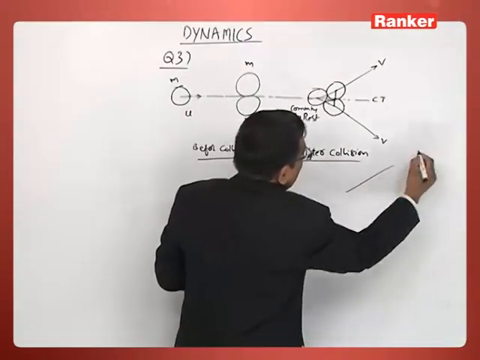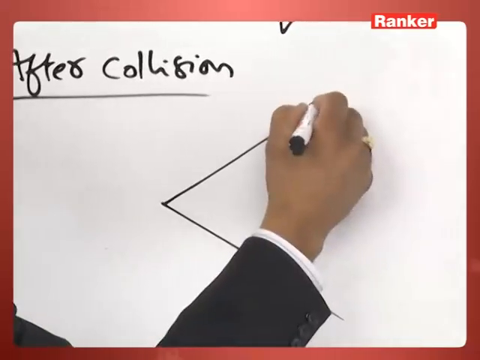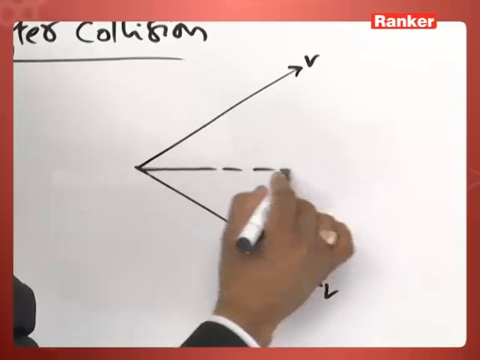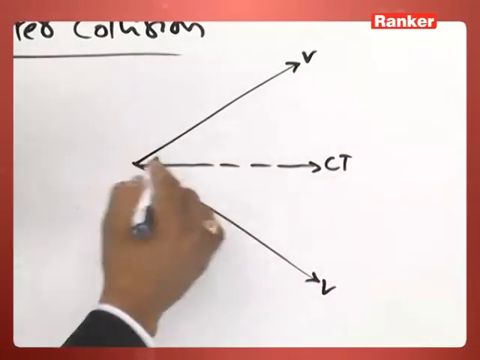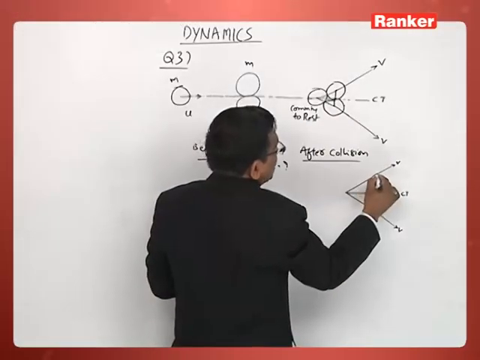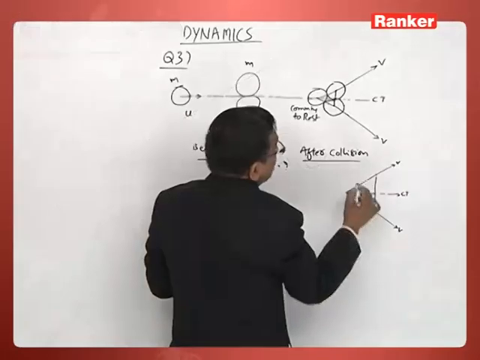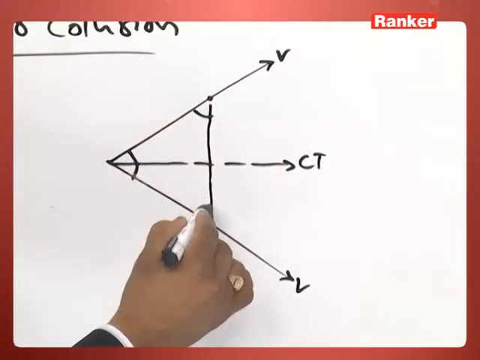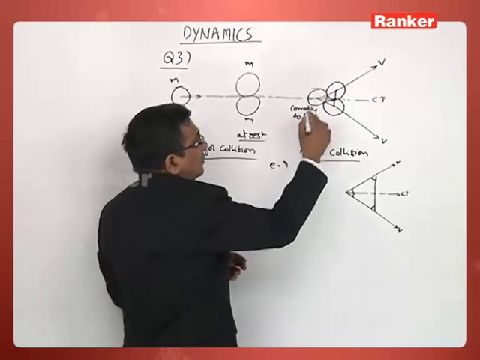I will magnify that part. This is velocity v, this is velocity v, this is the direction of motion, the common tangent direction CT. This is the center of the first ball, the second, and the third. Then each angle will be 60 degrees, because it is an equilateral triangle.